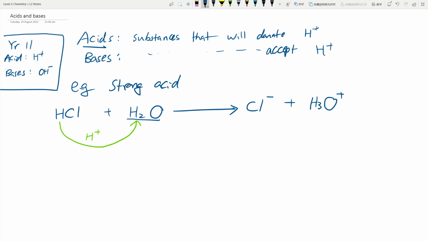This is what we call the HCl dissociation. So the HCl is what we call completely dissociated in water.